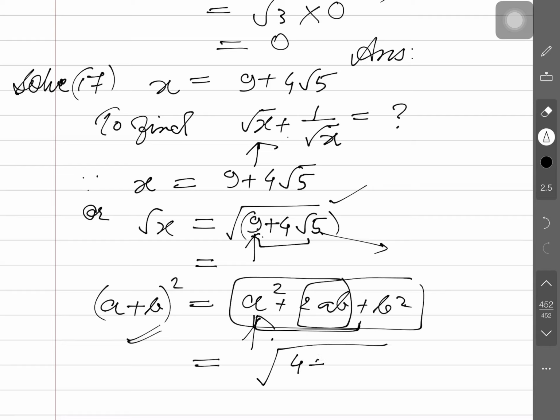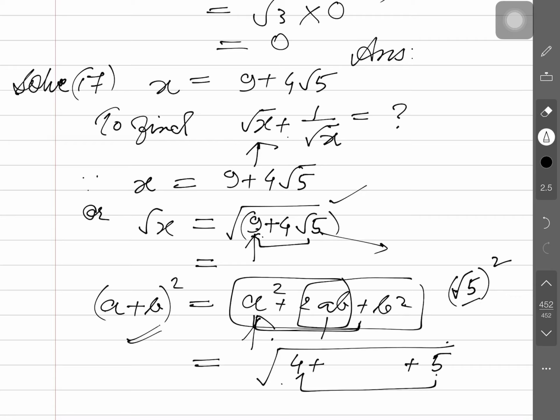Very simple it is. 9 can be written as 4 plus 5. Can we write this or not? 4 plus 5 is 9. 9 is to be split here, and 5 can be written as root 5 whole square. Why?